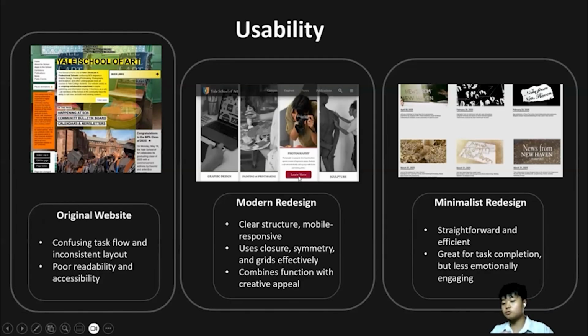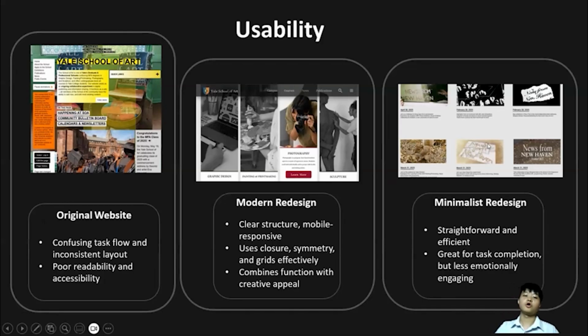When we click learn more, we can go forward to the pages that we want to learn more details about. For the minimalist redesign, we have a straightforward and efficient design. It is also great for task completion, but less emotionally engaging. Which means that when the mouse clicks here, there is also a hover effect, changing the background, so it's easy for the viewers to read.